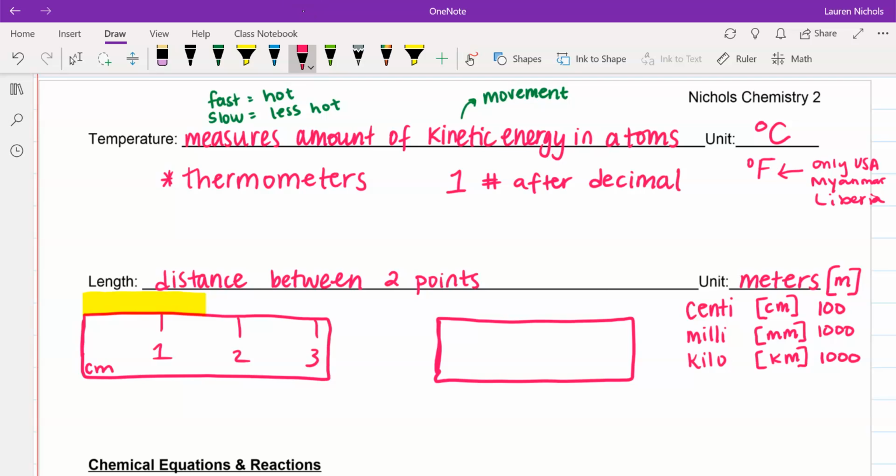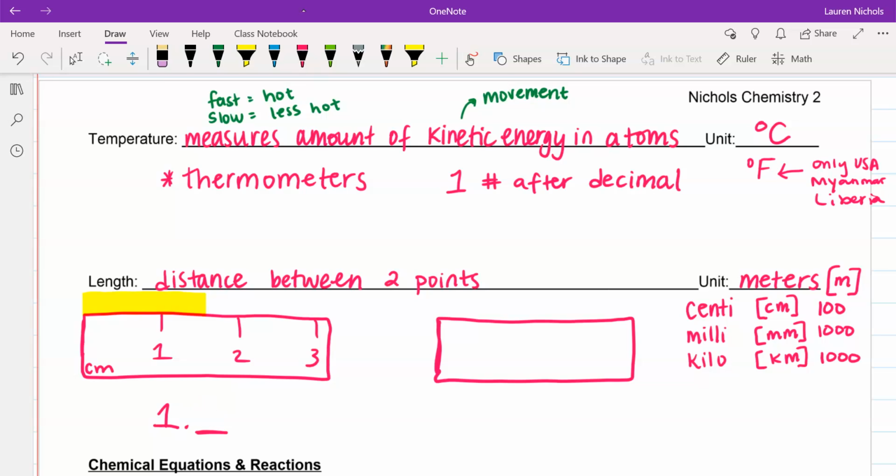Well, I know for sure that it's bigger than 1, but smaller than 2. So it's 1 point something, but I'm not really sure what should go after that decimal. Well, that is our estimated digit. Because it looks about halfway, I might say 1.5.